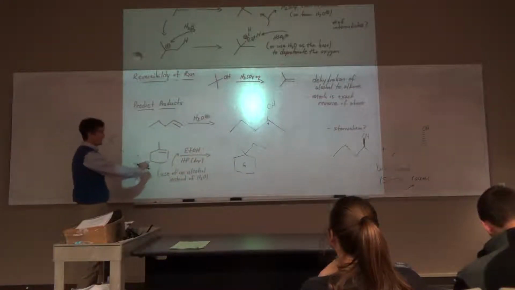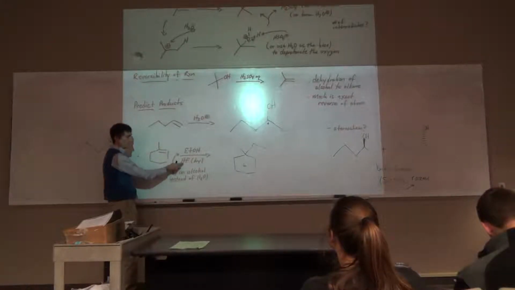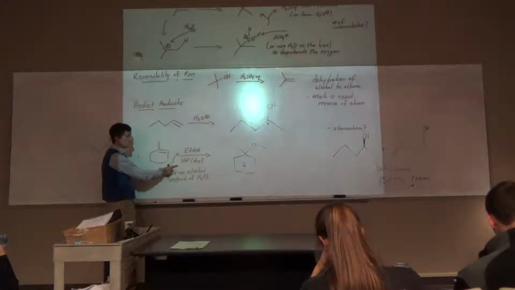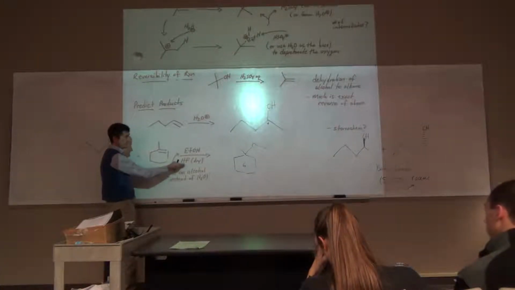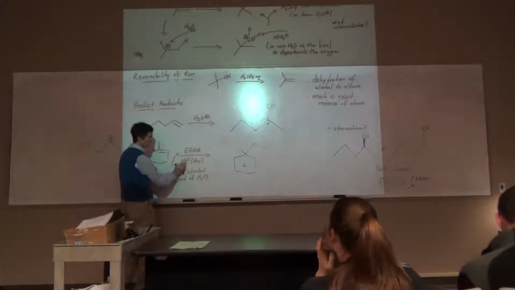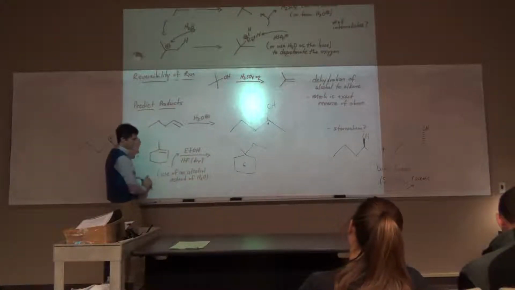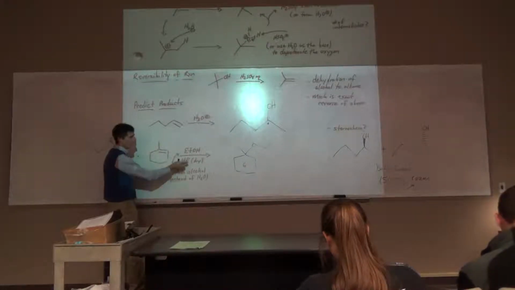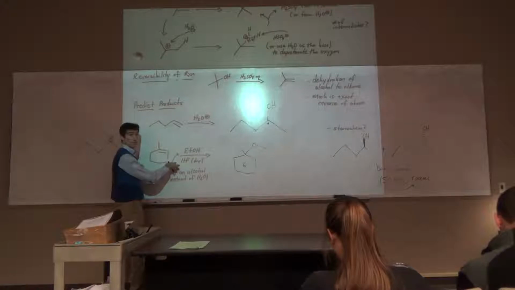Mechanistically, yeah, attack H+. The H+ comes from the HF. HF is a strong enough acid to do this. It's a dry acid. Why do you want to use a dry acid? What if we used an aqueous acid? Use an aqueous acid, there'd be water here.